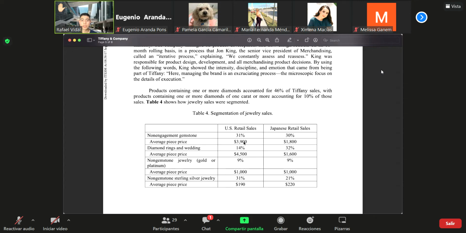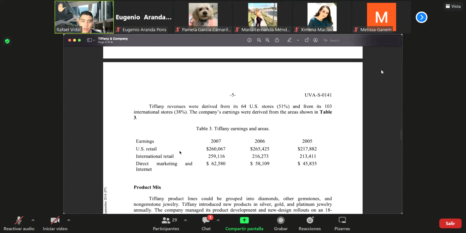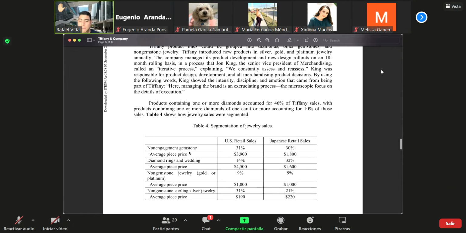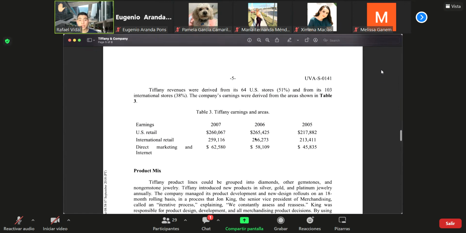So what we are going to be doing now, and Eugenio, I want you to do this, is to calculate the amount of rings or pieces we are selling in the US and Japan per year, in the last year. How are we going to calculate this?